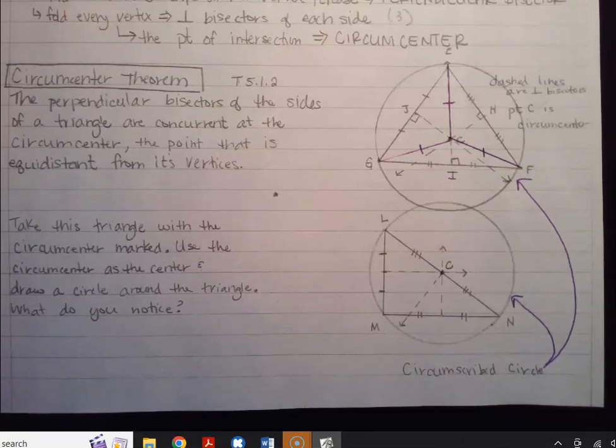So I kind of just answered the what do you notice for you. The circle touches all three vertices. So we use the circumcenter to make a circumscribed circle.